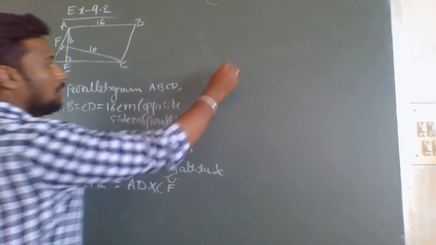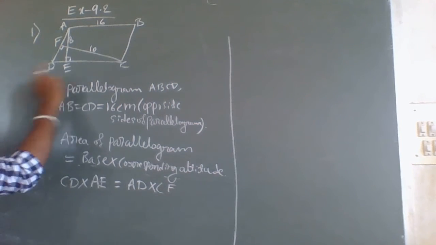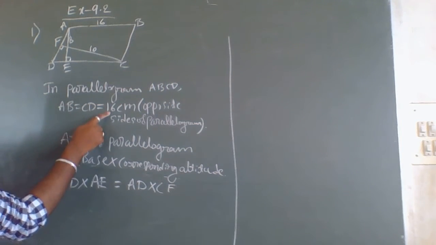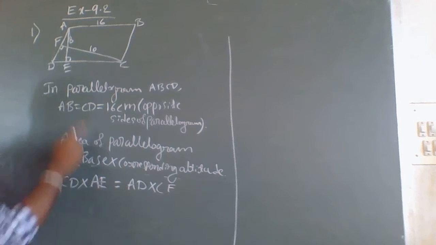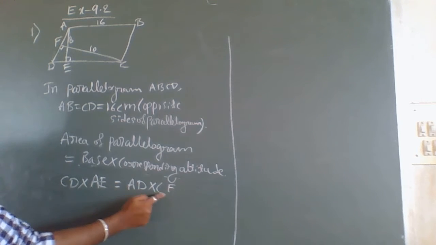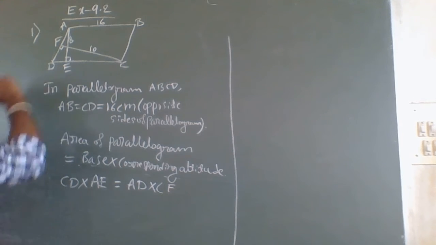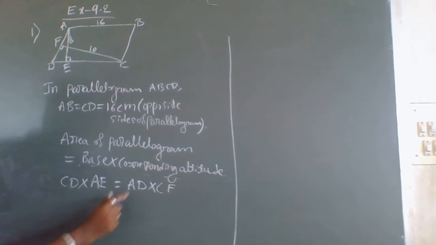So now they have given values of CD, CD value is 16 and AE value is 8, and we have to calculate value of this AD, and they have given value of CF also. Here we have to calculate value of AD only.